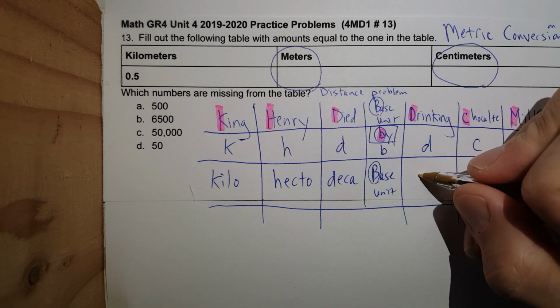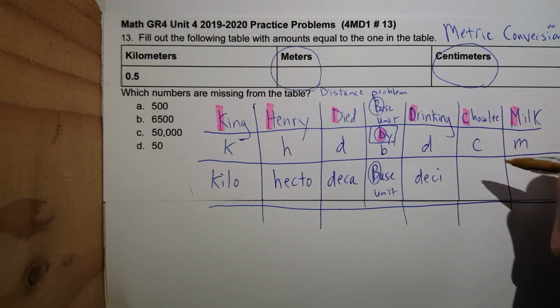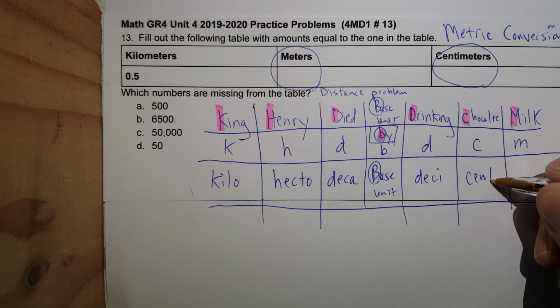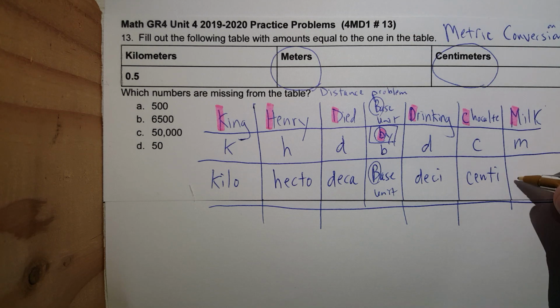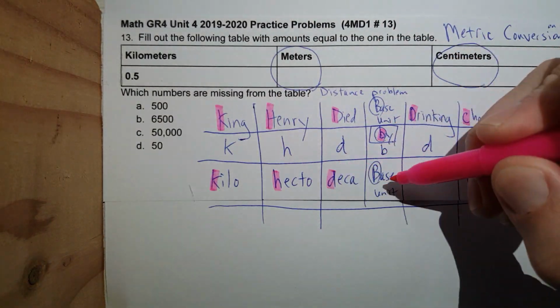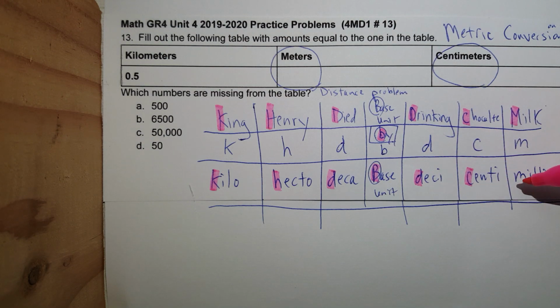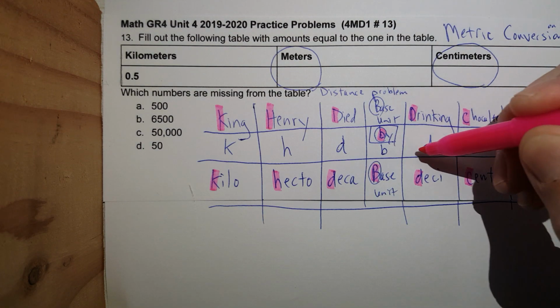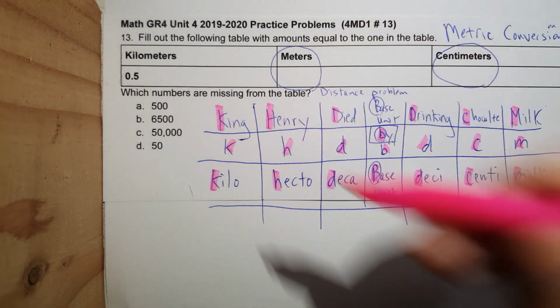D stands for deci. C stands for centi. And M stands for milli. So look at that. For each prefix, they all begin with the exact same initial. See how all those line up?